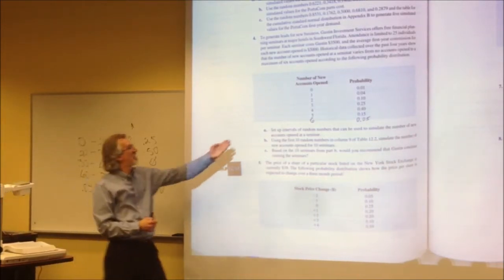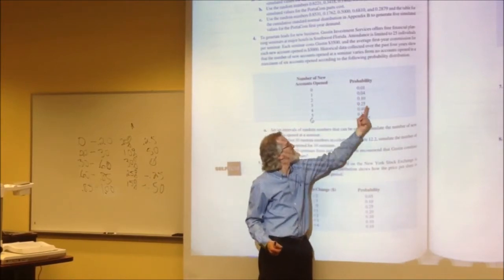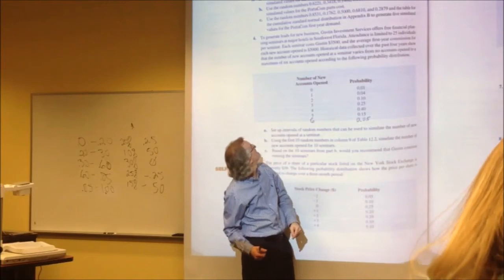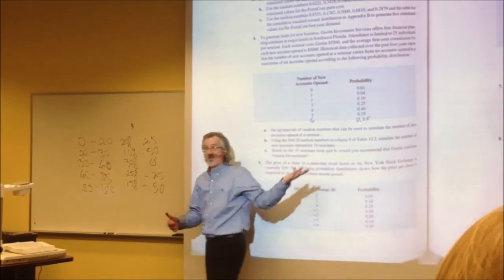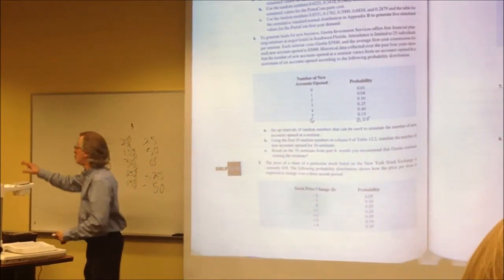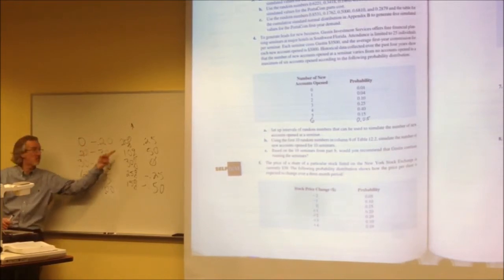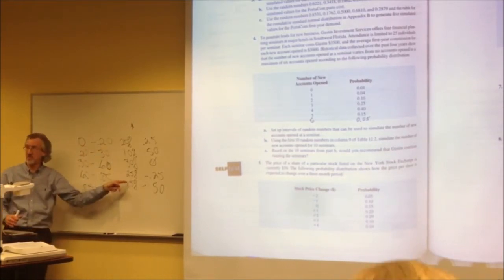Known probabilities. You're given the percentages: 1%, 4%, 10, 25. You add them up. Obviously, there's a 6th one. You add them up, they should add up to 100%. That's known probabilities. So right there, you say to yourself, I need to map this. It's called mapping, by assigning numbers that are equal to the probability.